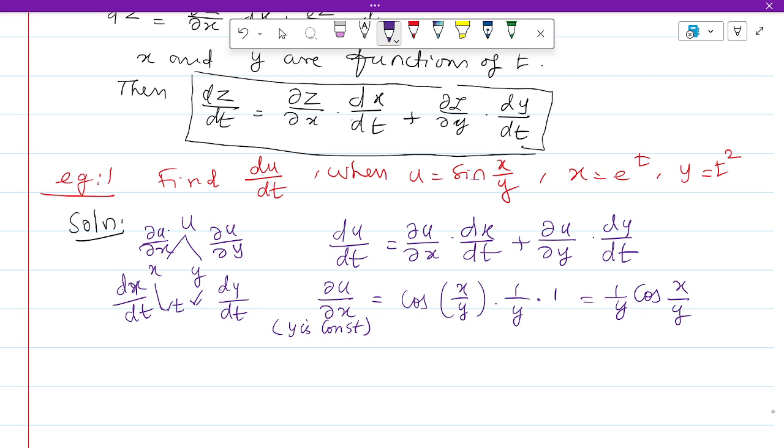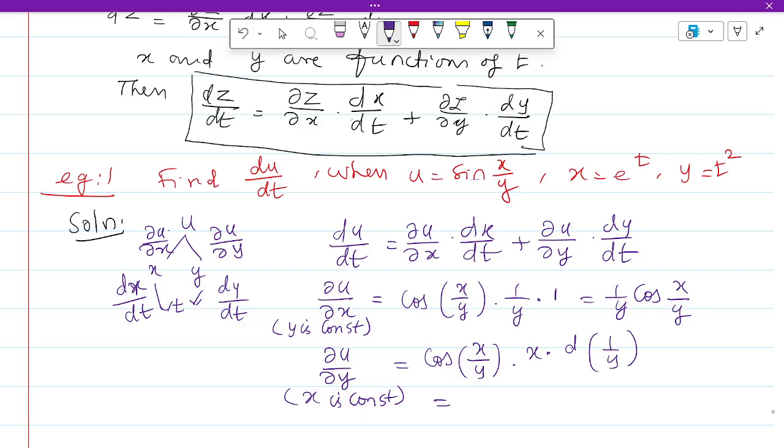Next you have to find dou u by dou y. When you differentiate with respect to y, you have to take it that x is a constant. So dou u by dou y equal to, once again sin is cos only, cos of x by y, and then x is constant, keep it x. Differentiation of 1 by y is there. You have to differentiate 1 by y.